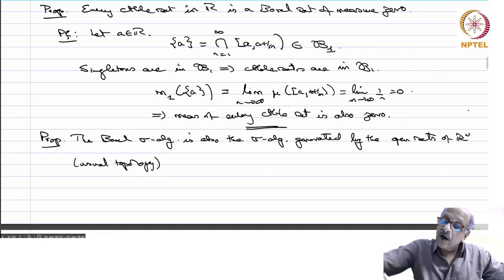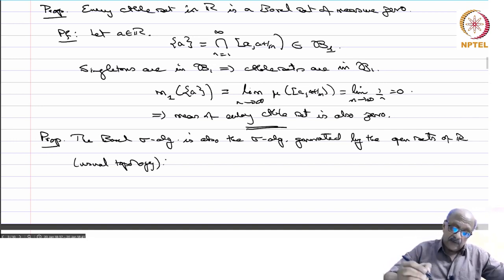Let me just write R for the moment. We will talk about R^n in a moment. It's the same. Anyway, it doesn't matter. That means topology is a collection of all open sets. Now there's a smallest sigma algebra which contains that, and that is precisely the Borel sigma algebra.